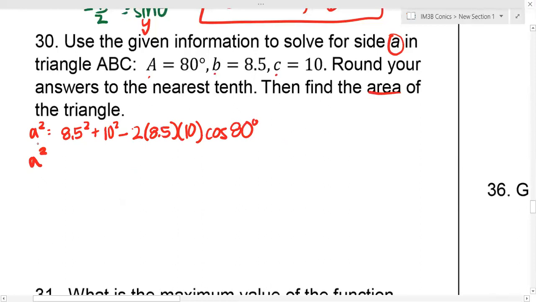So I'm going to type in my 8.5 squared, plus my 10 squared minus 2 times 8.5 times 10 times cosine of 80, and that gives me 142.73, and that's a squared though, so I have to square root it, which gives me that A is about 11.9.